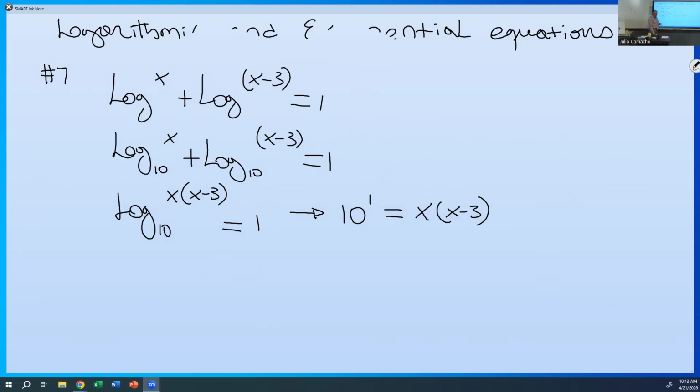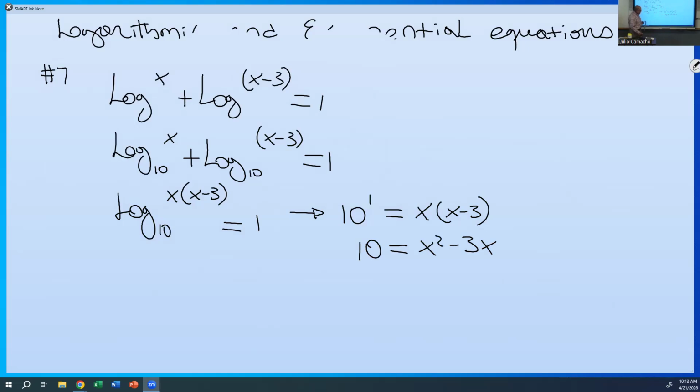Then what will be your next step, Terry? You do 10 to the 1 power, that's just 10, so bring the 10 down. And then x times x is x squared, and x times negative 3 is negative 3x. And what do we do next?